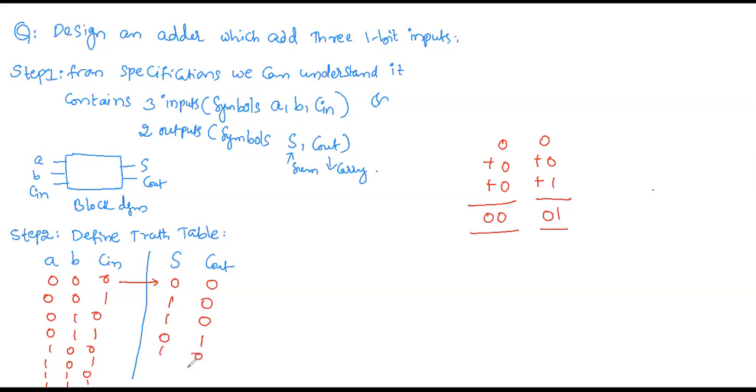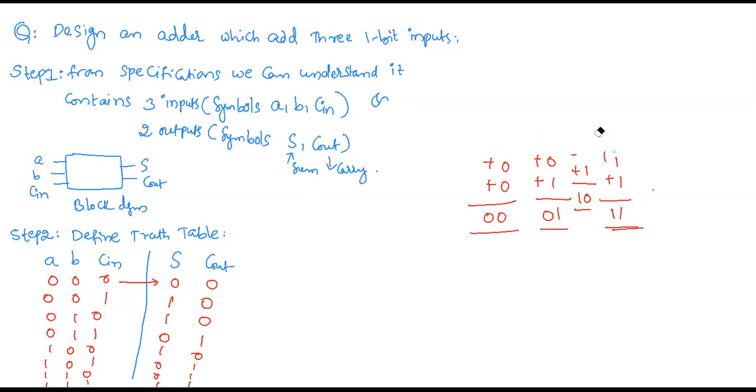Next, 1 plus 1 plus 1 is 3, which means 1, 1. A combination like 0 plus 1 plus 1 gives 1, 0. Okay, truth table is completed.